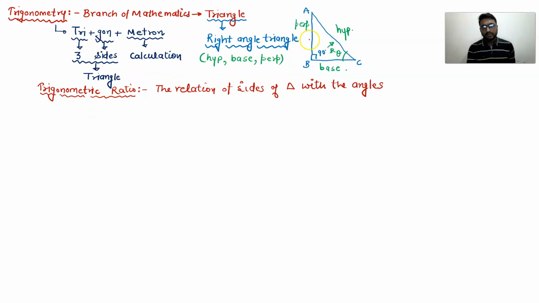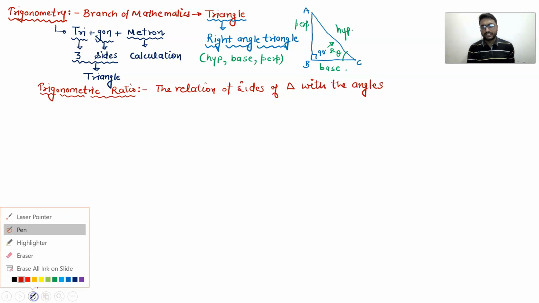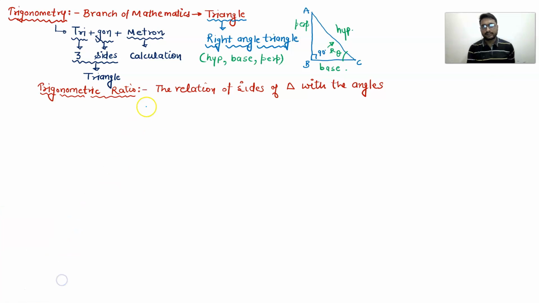Now we know that this triangle contains three sides, that is perpendicular, base, and hypotenuse. So how many types of ratios can I make? The very first ratio is perpendicular over hypotenuse. The second ratio is base upon hypotenuse.